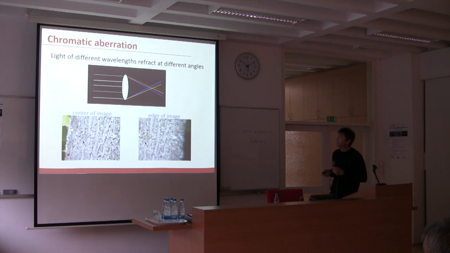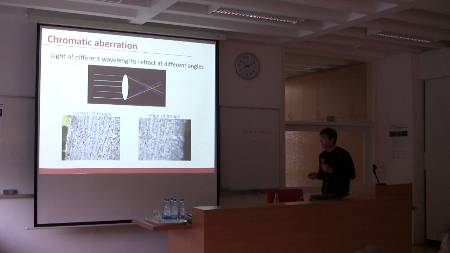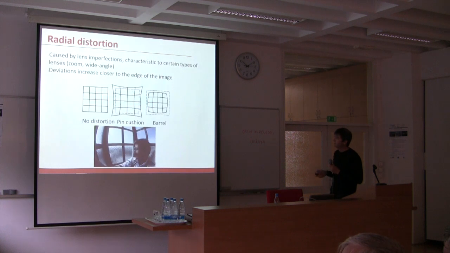The first is chromatic aberration, which is caused by the fact that different light wavelengths refract at different angles when they pass through the lenses, and the effect is that the image gets blurrier as we approach the edge of the image. The second example is geometric distortion, which is caused by lens imperfections. Again, this effect is more pronounced as we approach the edge of the image.